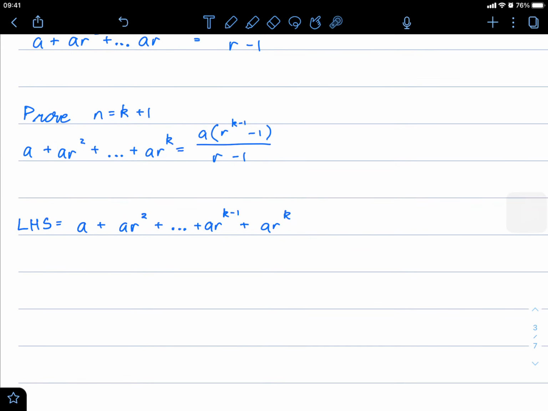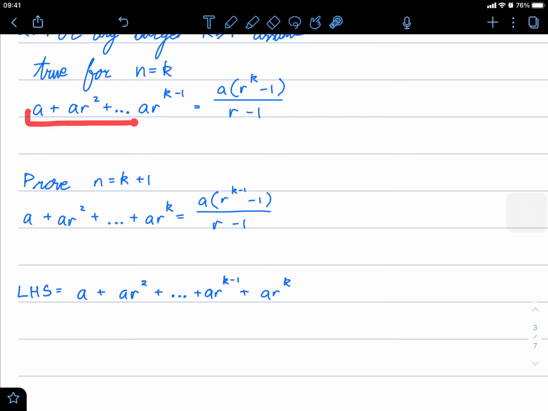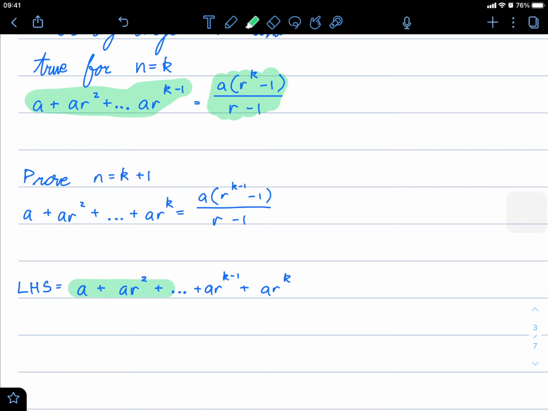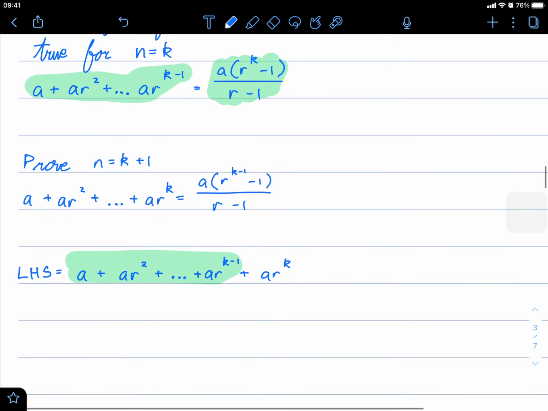Once again, we assumed this statement to already be true, so we're going to substitute it there. So it's going to become a times r to the power of k minus 1 all over r minus 1 plus ar to the power of k.